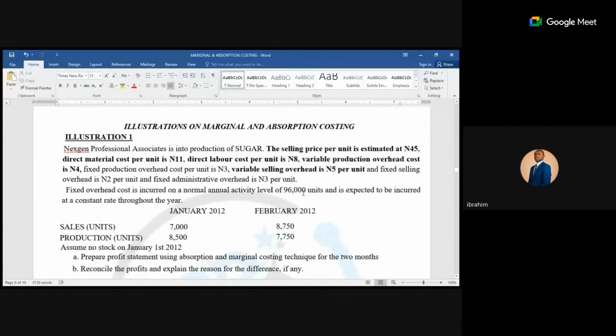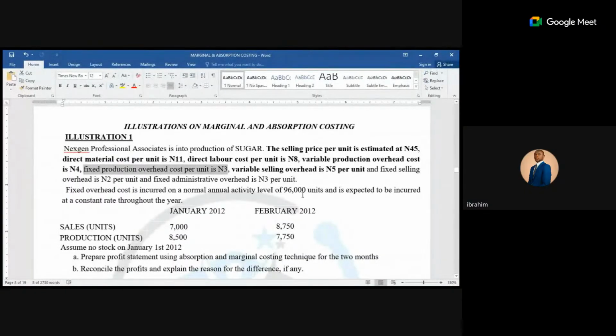But because the fixed production overhead cost per unit is given already as 3 naira, we don't need to. When you have the full fixed overhead cost, you divide by the level of activity to get your overhead absorption rate. But in this question, it is given to be 3 naira per unit.